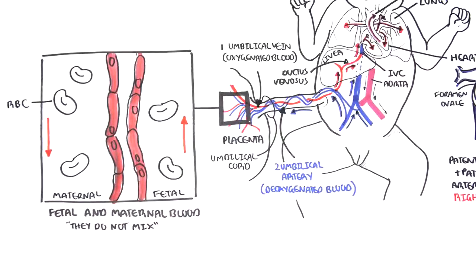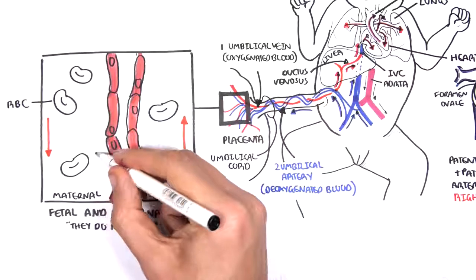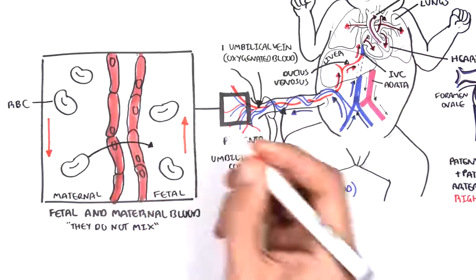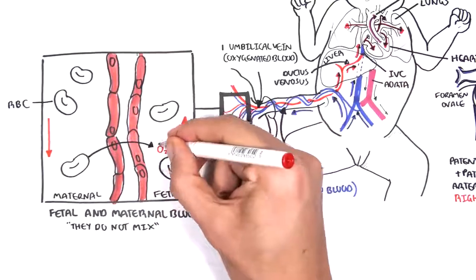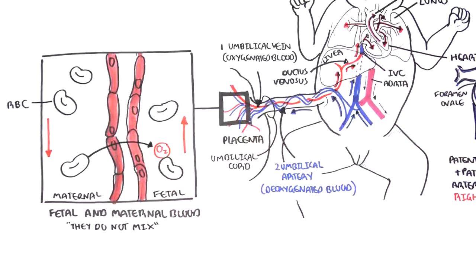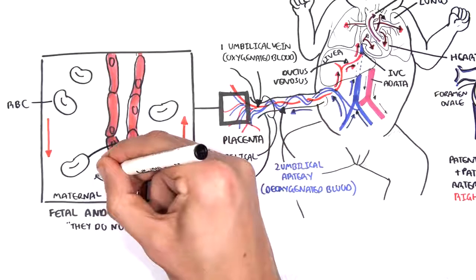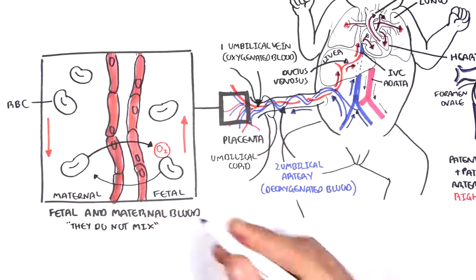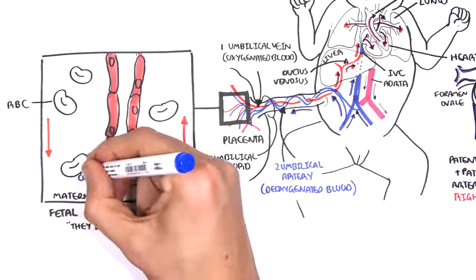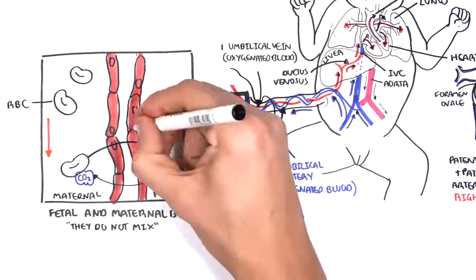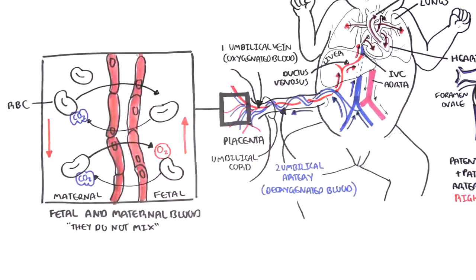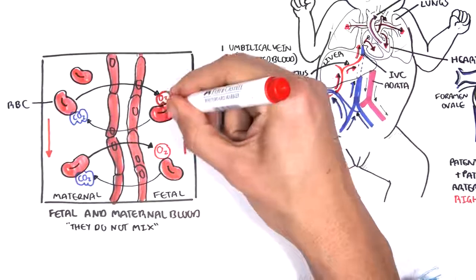What happens in the placenta is that the red blood cells from the maternal circulation will transfer its oxygen to the red blood cells in the fetal circulation. And the fetal red blood cells will then offload their carbon dioxide into the maternal circulation. And so the umbilical artery is becoming essentially reoxygenated by the maternal circulation.